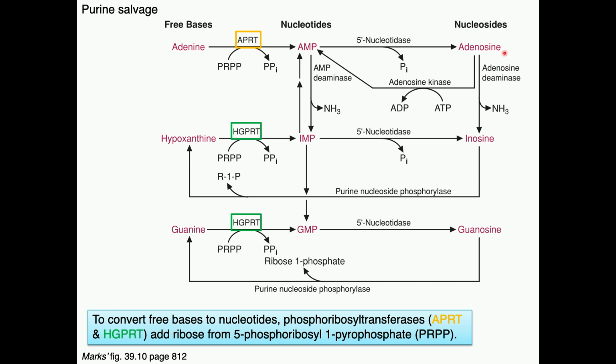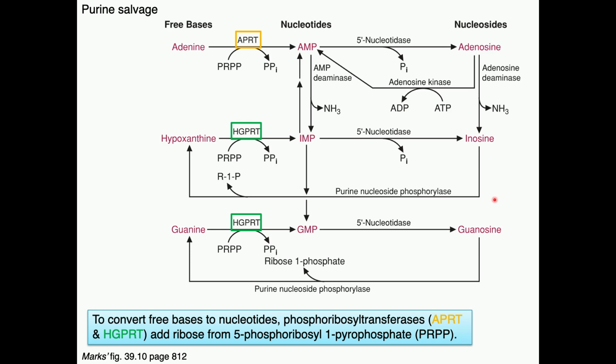With the adenosine nucleoside, there is a kinase that can directly phosphorylate the ribose sugar component of the adenosine nucleoside to make adenosine monophosphate. So the adenosine nucleoside can be phosphorylated directly. That's not the case with the inosine or the guanosine nucleosides.